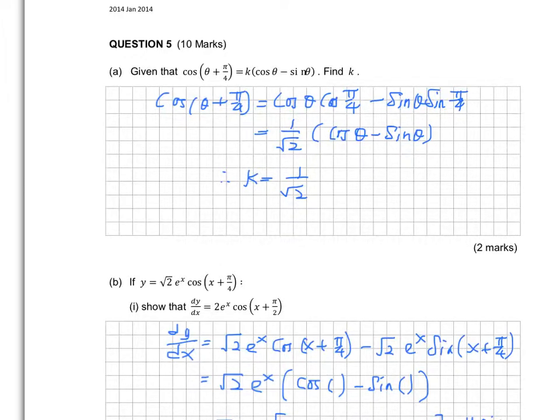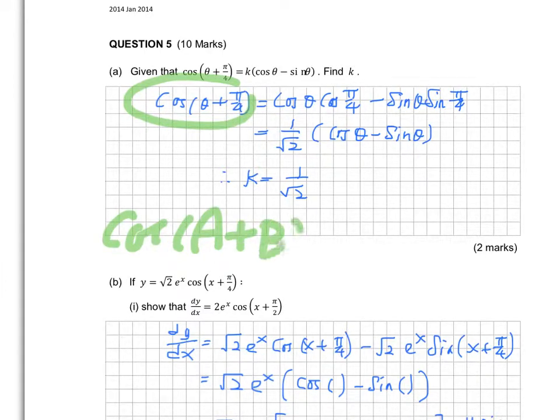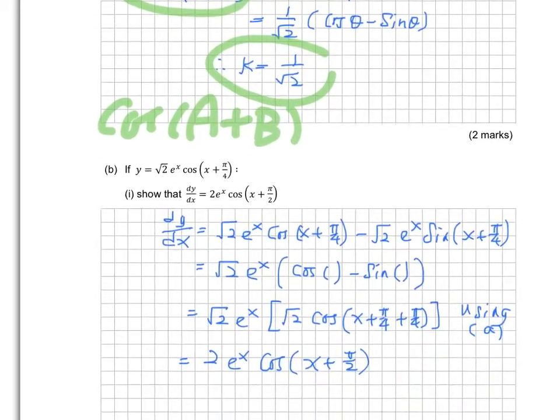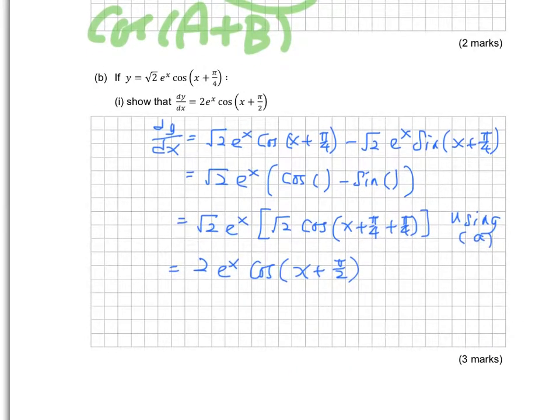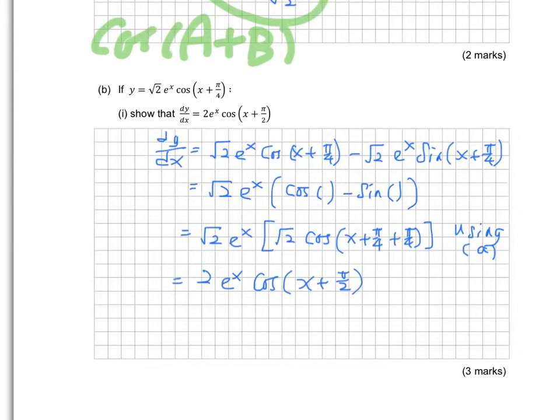So I'm solving this one by using, of course, cosine A plus B, the compound angle, and you get this, and you're able to see that k is 1 over root 2. Then moving on to the next one, here you just need to differentiate, and you keep things simple.